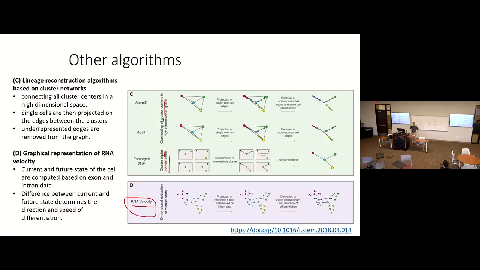If you have actively transcribed genes, then this gene should have a lot of unspliced mRNA, because it hasn't had the time to cut the introns and put the exons together.